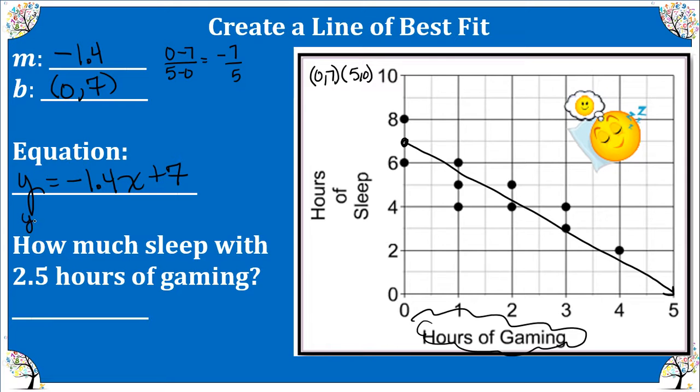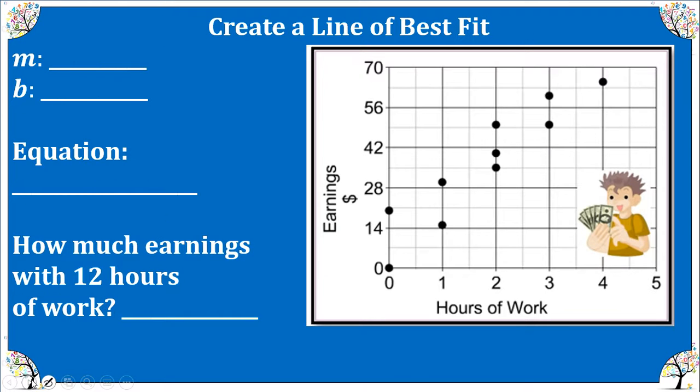So we're going to plug in how many hours of sleep if we game for 2.5 hours. So calculate this. And it looks like 3.5 hours. That's not too many hours. We need more hours of sleep than that, guys.